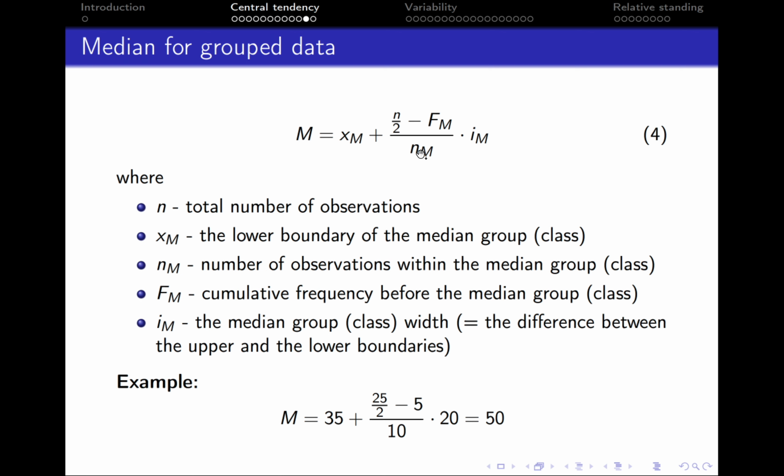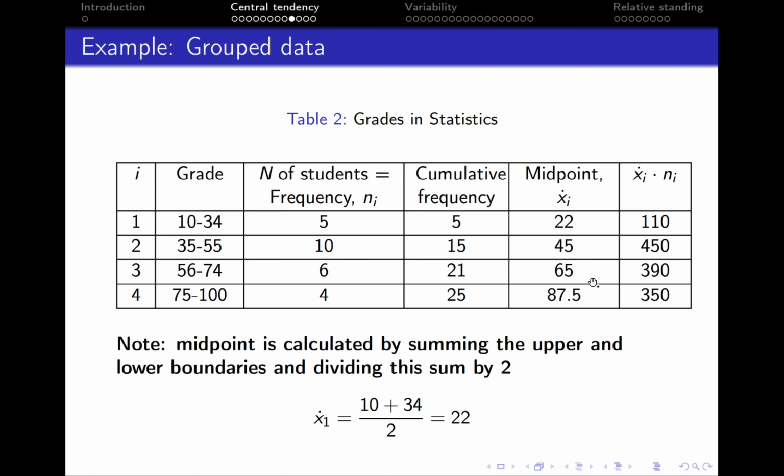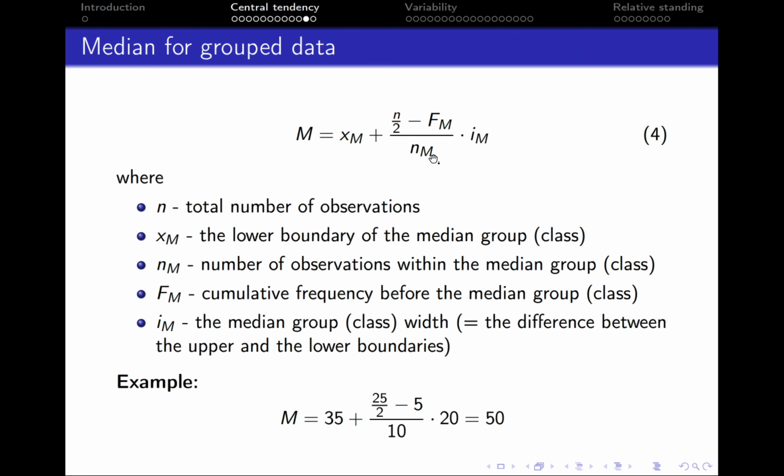After this, we divide by nm, which is the number of observations within the median group. Number 2 is the median group, so we can see that the number of observations within this group is 10. So the difference must be divided by 10, and after this we multiply this fraction by the median group width.